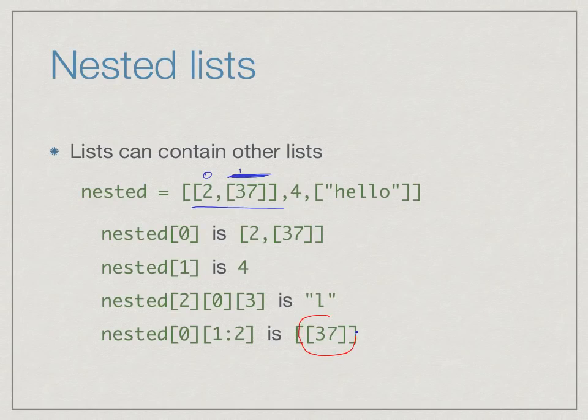This is the value that lies between position 1 and up to position 2, and the outer list is because when we take a slice of a list, we get a list. Right? So this is a sublist of this list 2, list 37, which gives us just the list 37. We have dropped the value 2, but we get a sublist. So this is what we mentioned before. For lists, a slice gives us back a list.